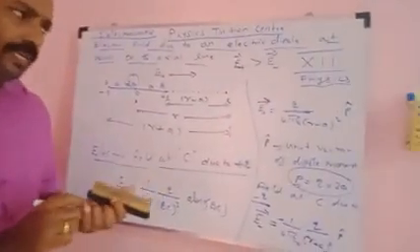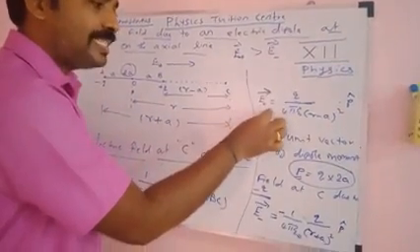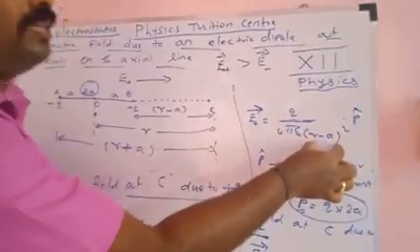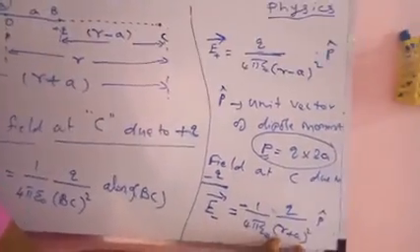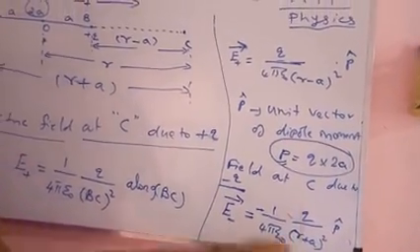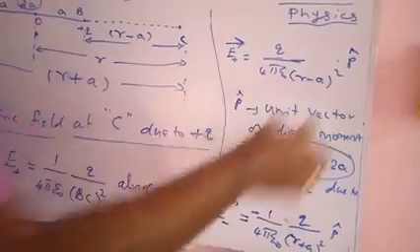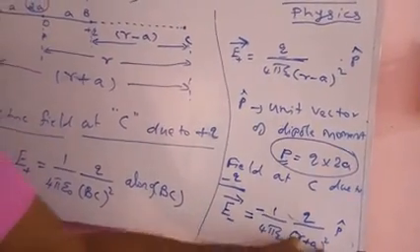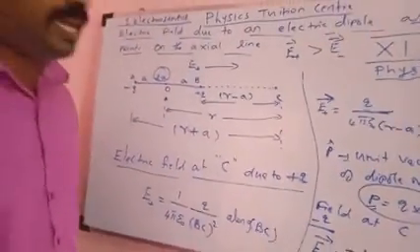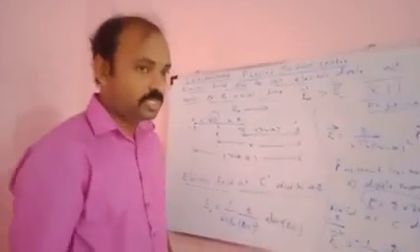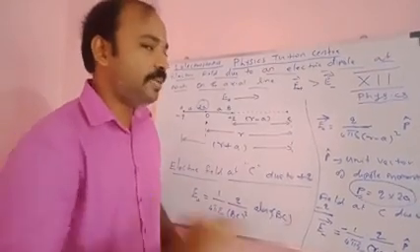Why is the value greater? Because R minus A is less than R plus A. So in the case of E plus, the denominator value is less, and in the case of E minus, the denominator value is high. So we come to the conclusion that E plus is greater in magnitude than E minus.